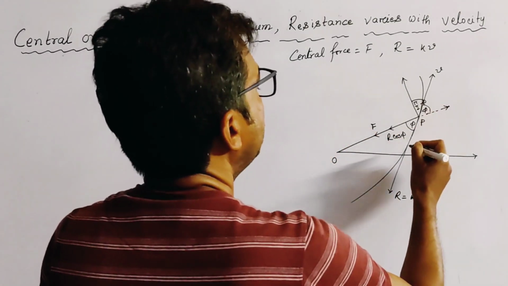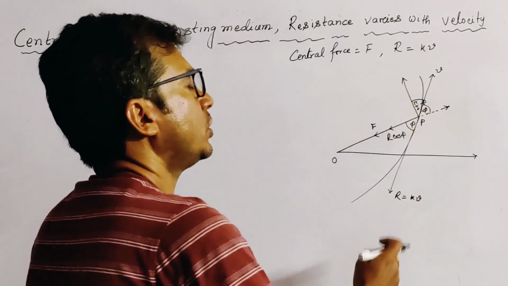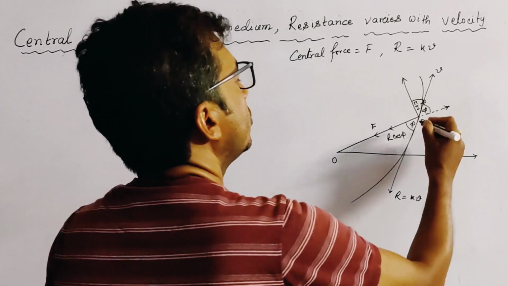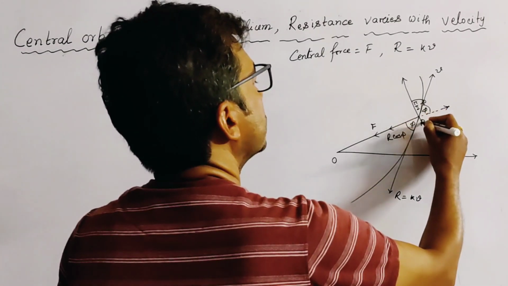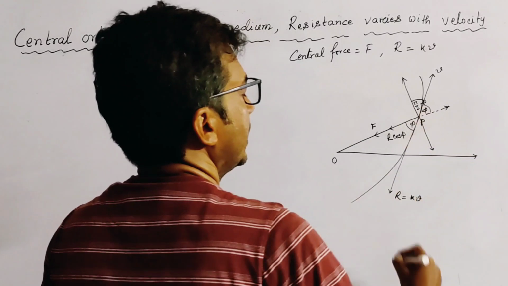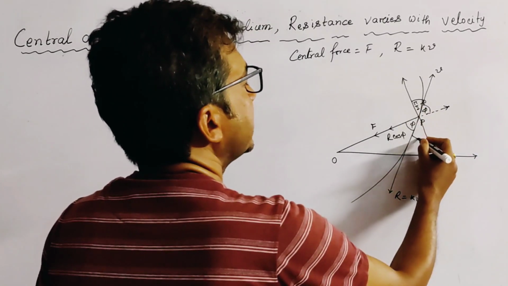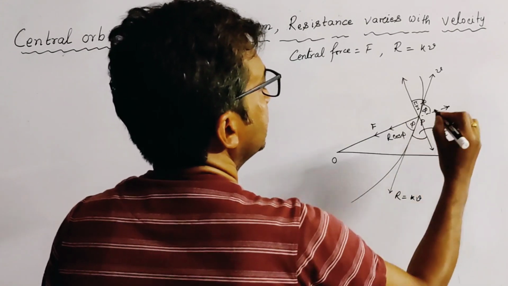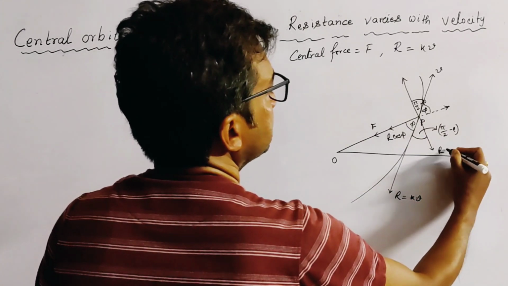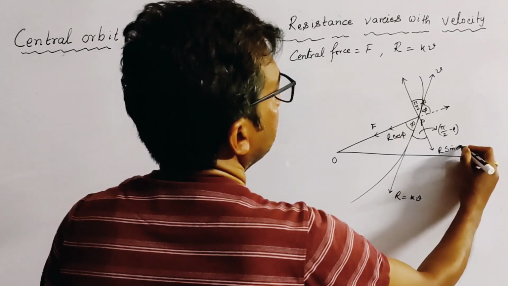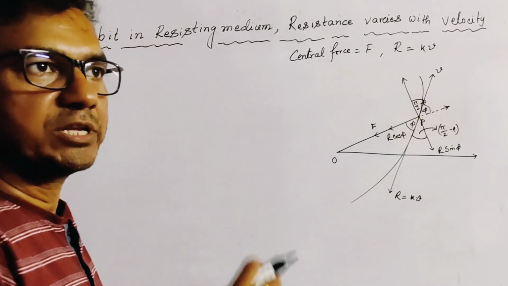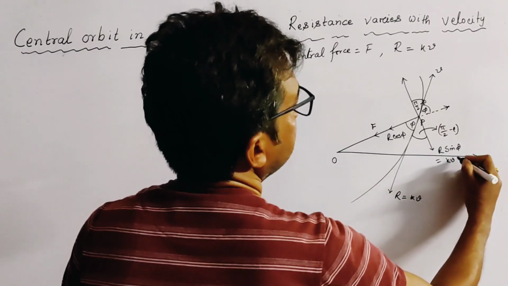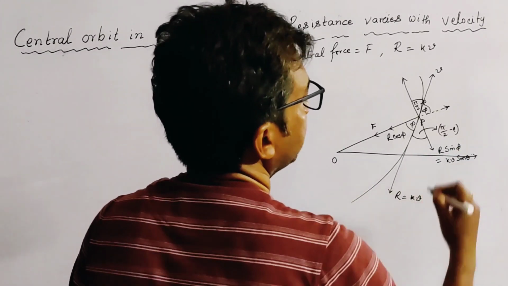If we take the component of R along the cross radial direction, we draw the cross radial direction opposite, and this angle is also pi by 2 minus phi, so the component is R sin phi, which is equal to kV sin phi.